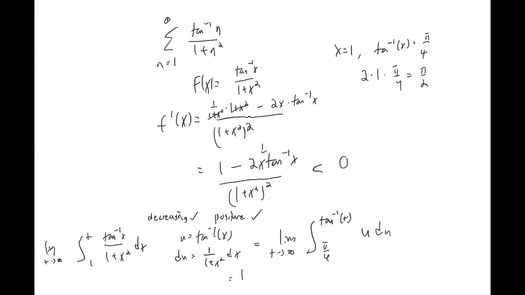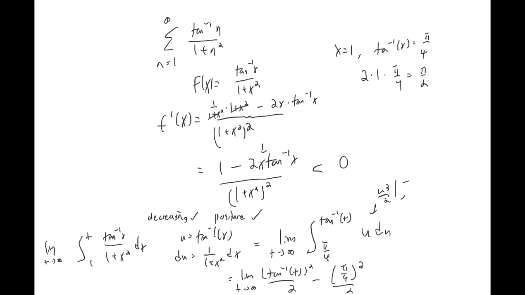So this is u squared over 2 evaluated at the bounds. So this thing becomes tan inverse of t squared over 2 minus pi over 4 squared over 2.